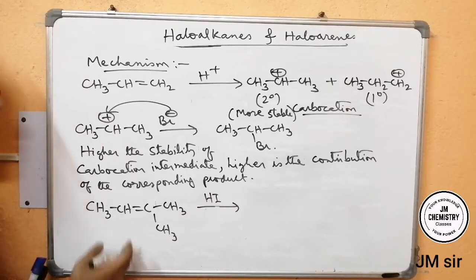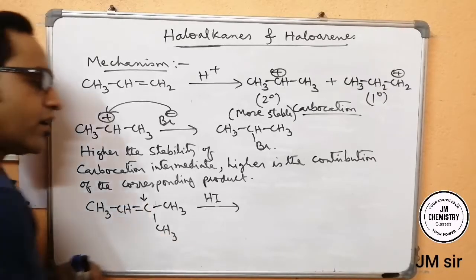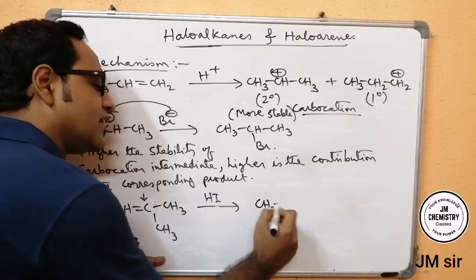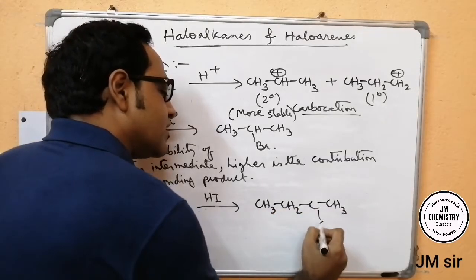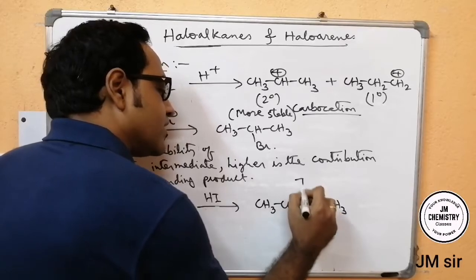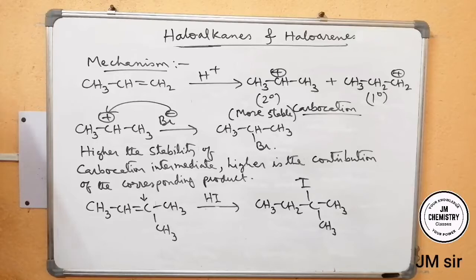From Markovnikov rule, you can say the I- will come to this carbon and the final product is CH3CH2-C(CH3)2-I. So this is quite easy using Markovnikov rule, but sometimes we need the mechanism to give the final answer.